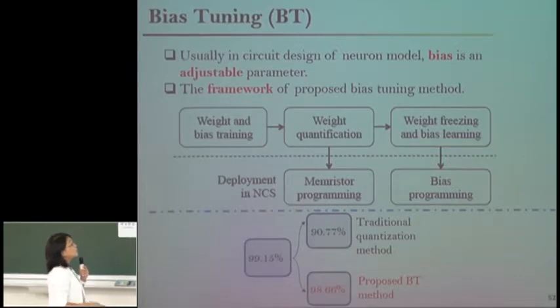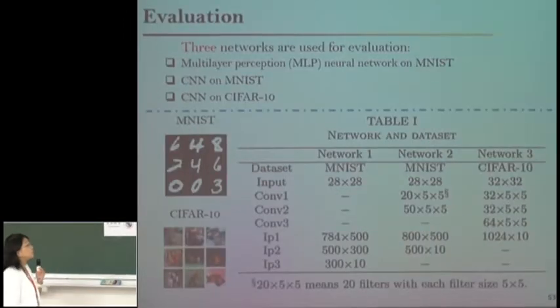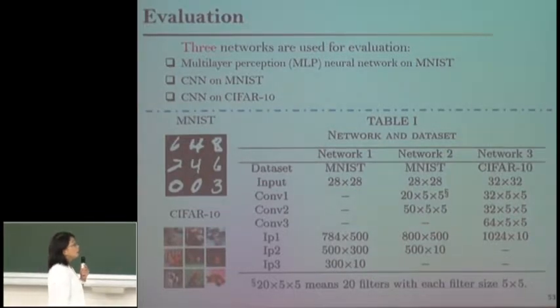So circuit design-wise, we do weight quantization, and determined by the measurement results, we freeze the weights and tune the bias in trying to improve the performance of the system. So let me give some evaluation results.